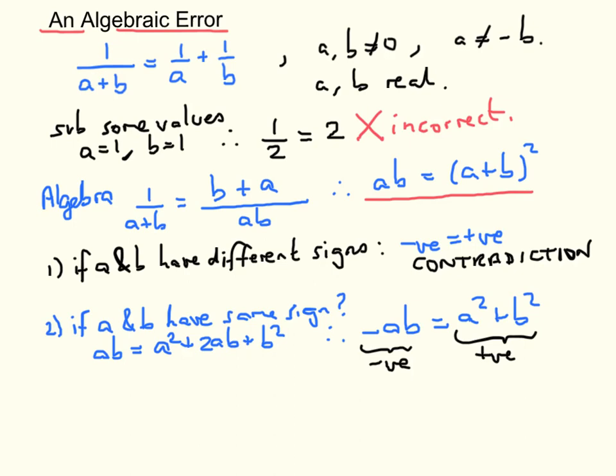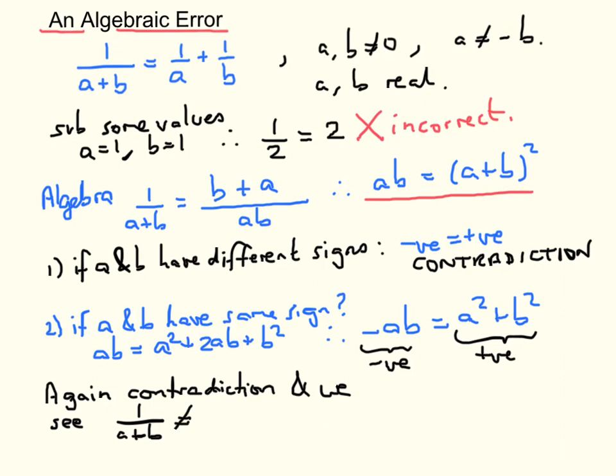So what we conclude is, again, there is a contradiction, and we see that 1 over a plus b does not equal 1 over a plus 1 over b for any real a and b.